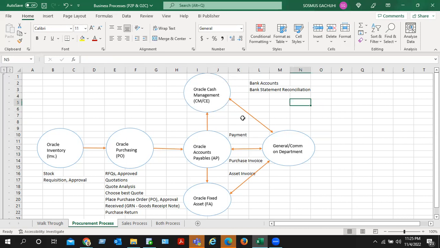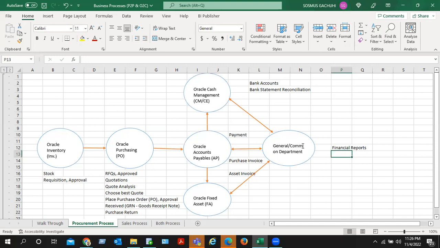Please note that carefully. Then, after that, all this information has to go to the general or common department. And in the common department we usually maintain or produce financial reports.